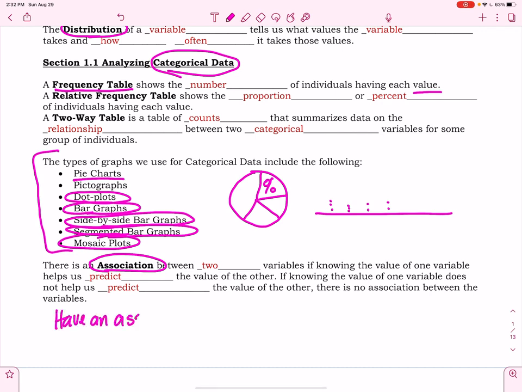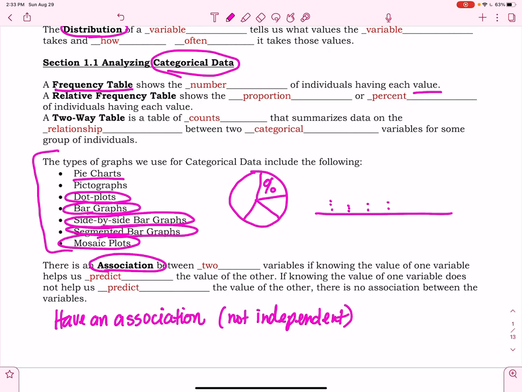So if two variables have an association, in other words, if knowing one thing helps me predict another thing, then they have an association. This is also known as not independent. In other words, my two variables are not independent of one another because one of them can predict the other. So that is what I'm talking about as far as having an association.